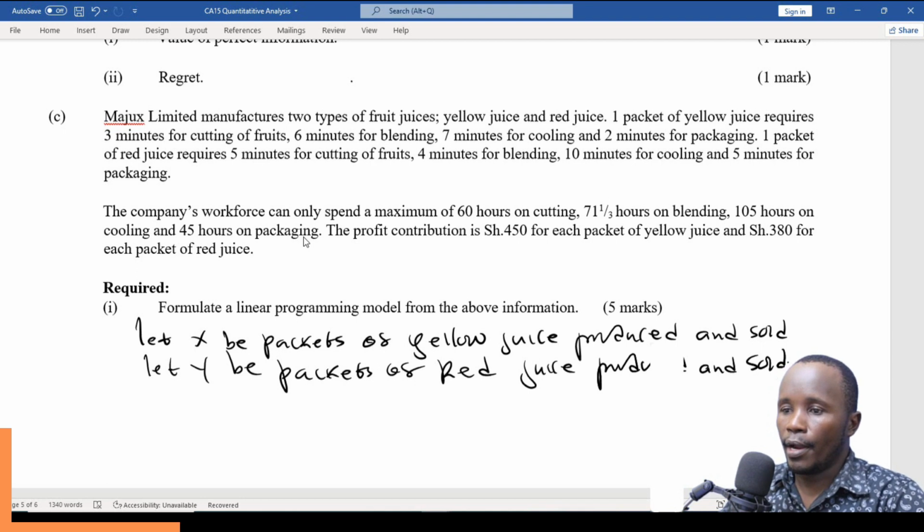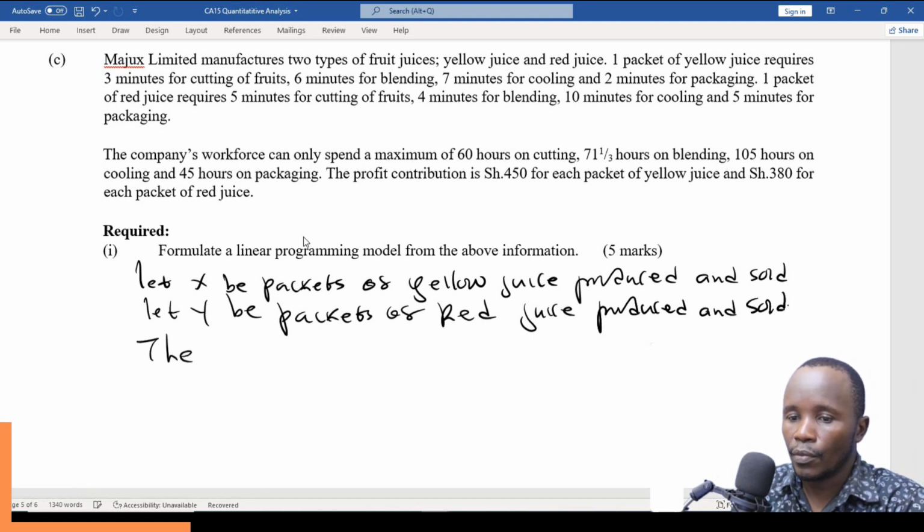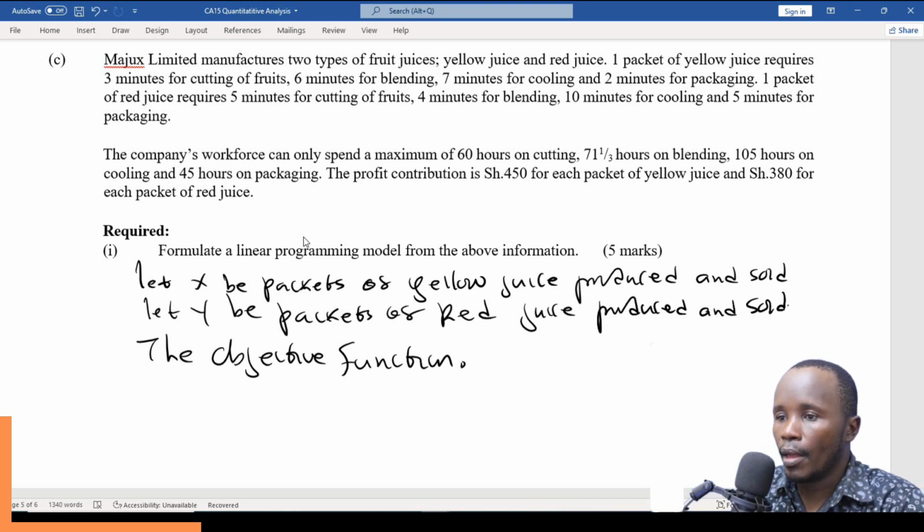Now, having said that, the first equation we can easily get is what we call the objective function. This is because you have been told that the profit contribution is 450 for each packet of yellow juice and 380 for each packet of red juice.